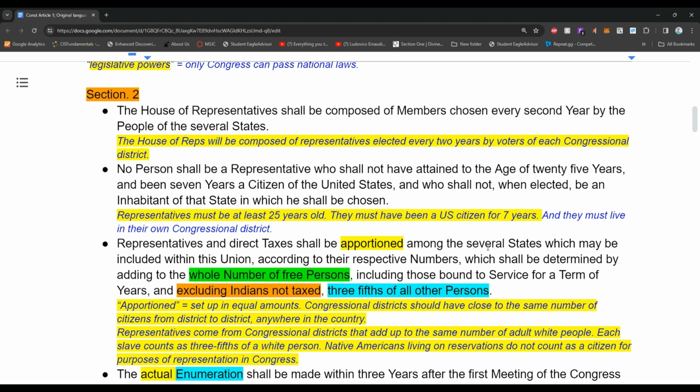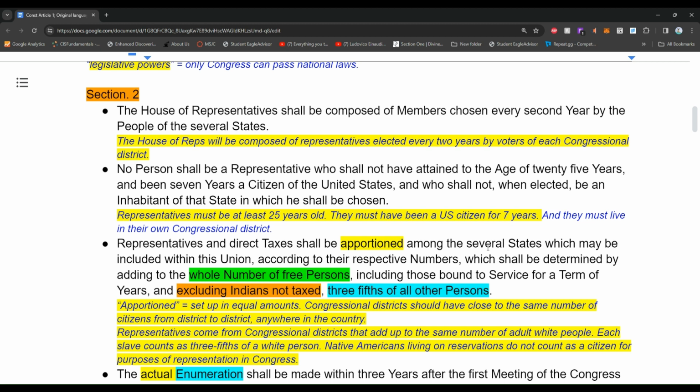So throughout the United States, all congressional districts have under 700,000 citizens, usually somewhere between 650 and 700,000. So apportioned means about equal amounts of people for each congressional district.